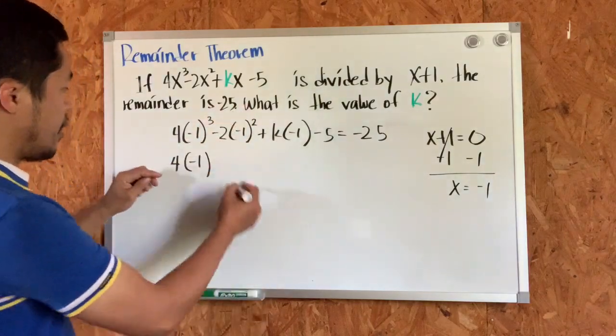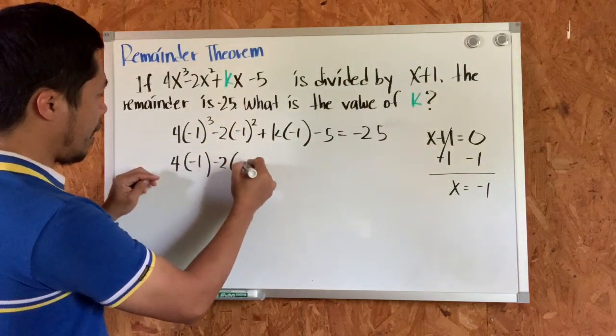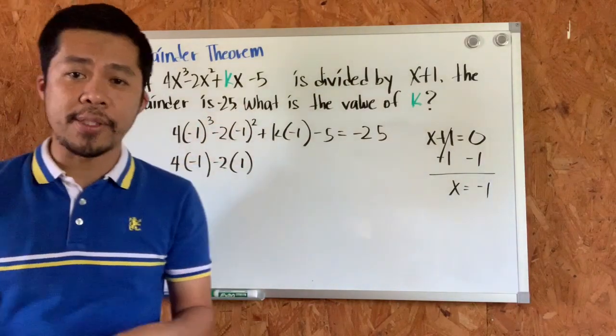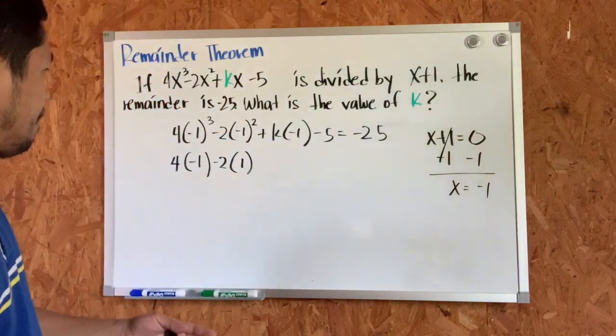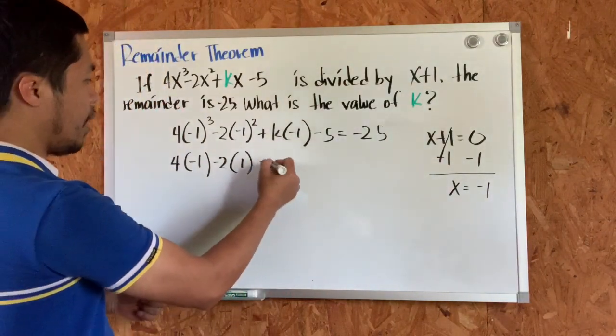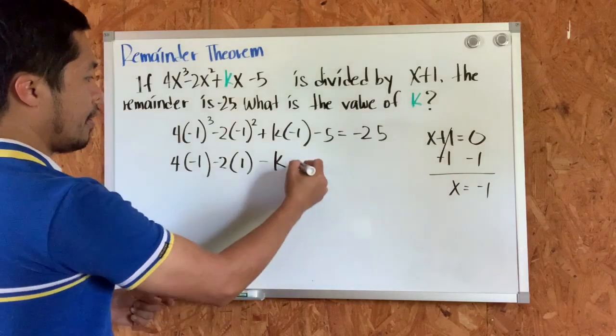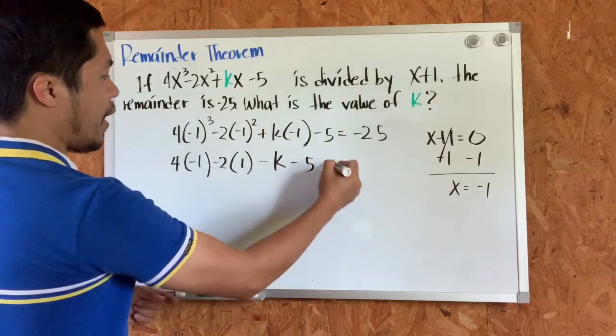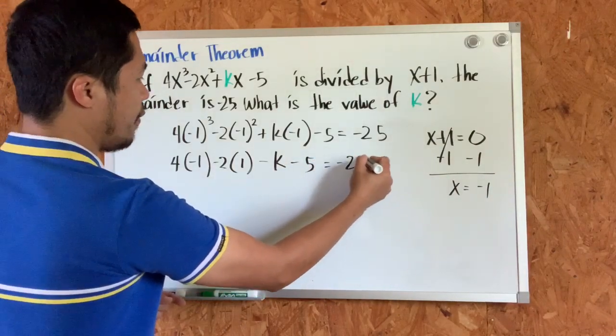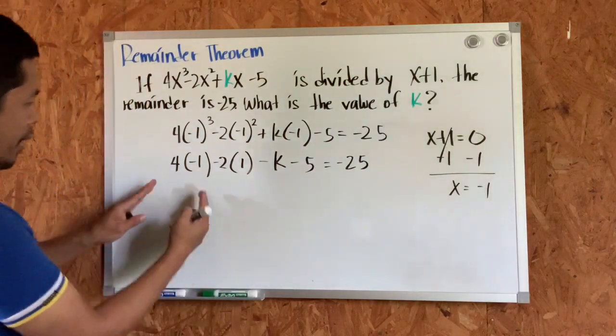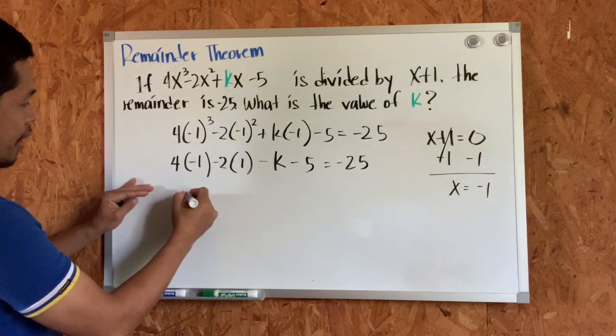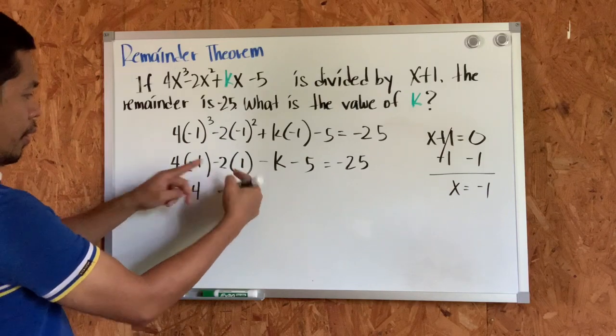So this is equal to negative 2 times positive 1, because negative 1 times negative 1 is equal to positive 1. k times negative 1 is negative k. Minus 5 equals negative 25. Now we can multiply this. This is equal to negative 4. We can also multiply that.